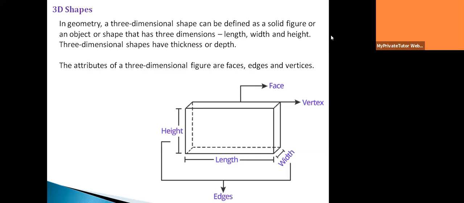Also we have faces, such as how many faces a cube has, and we have vertices, which are the corner points, not edges.